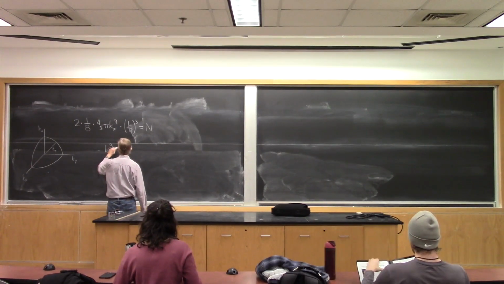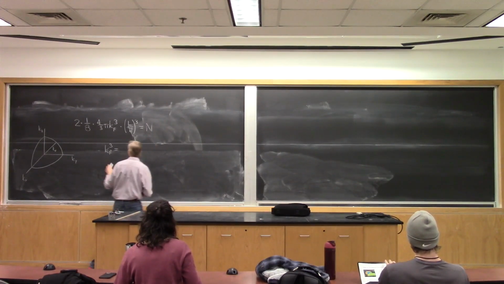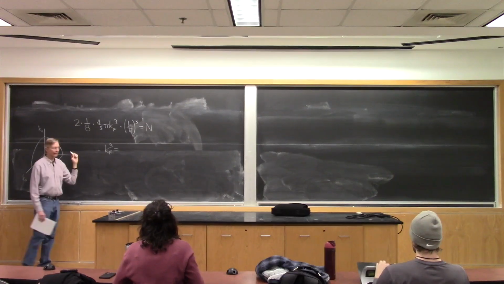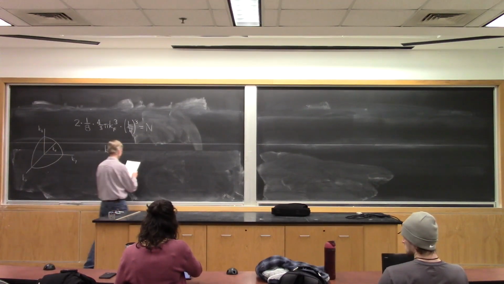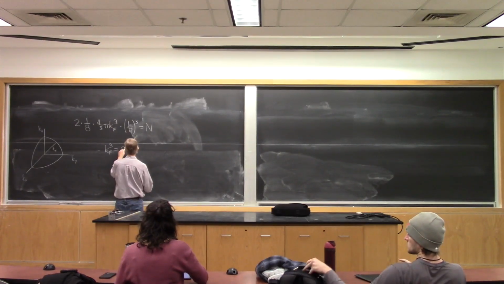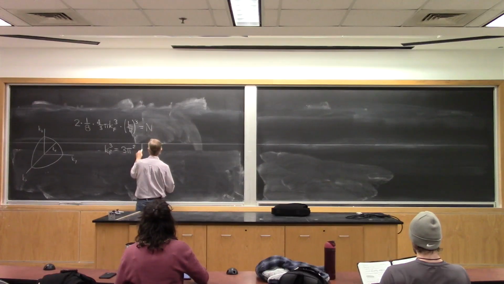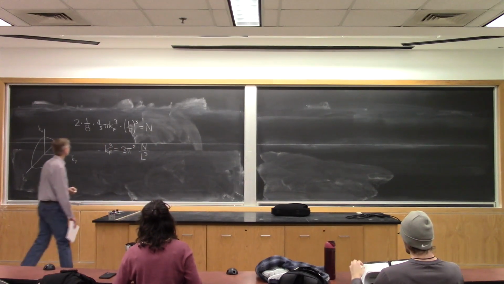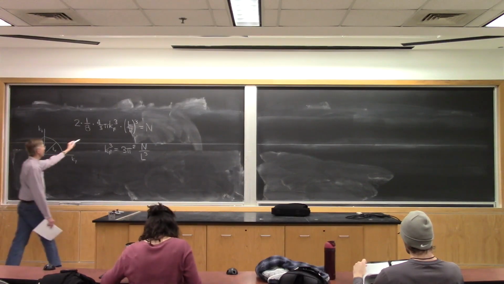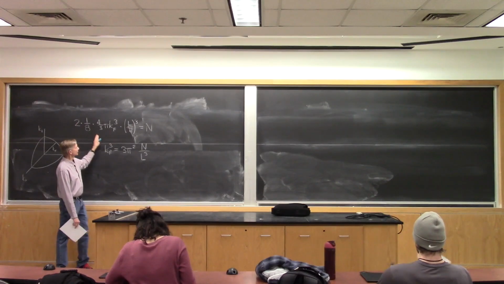Solving for k Fermi cubed, this says that, well, 2 times 4 divided by 8, those cancel. And so we get that k Fermi cubed is going to be equal to 3 pi squared times number of particles over L cubed. Because here we got pi over pi cubed, so we would have a 1 over pi squared over here.